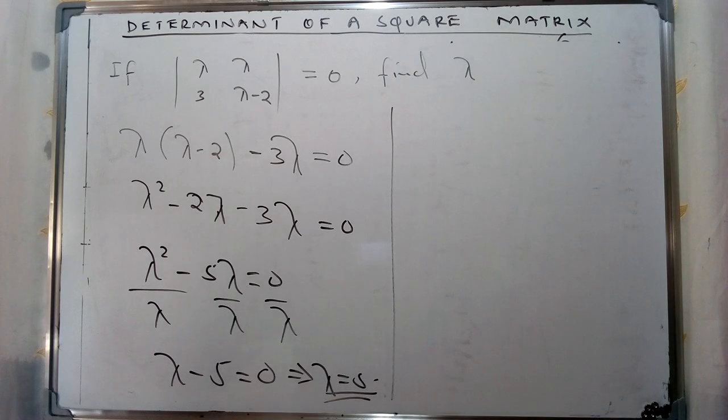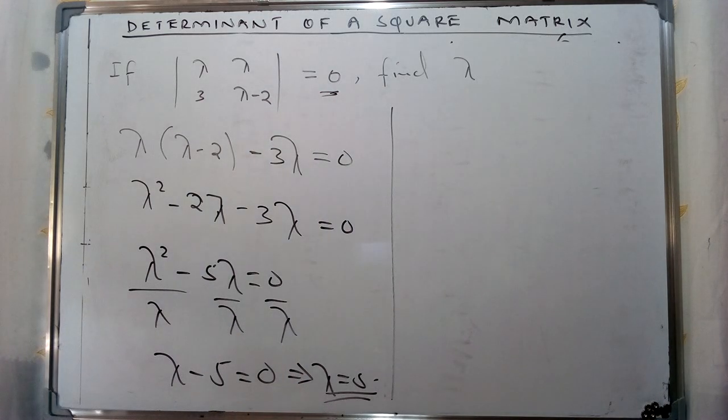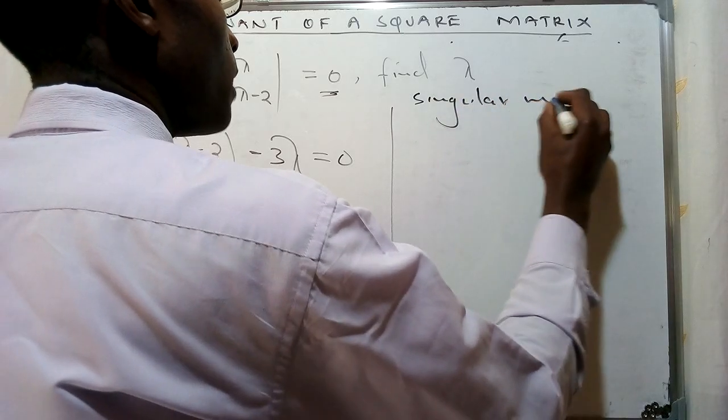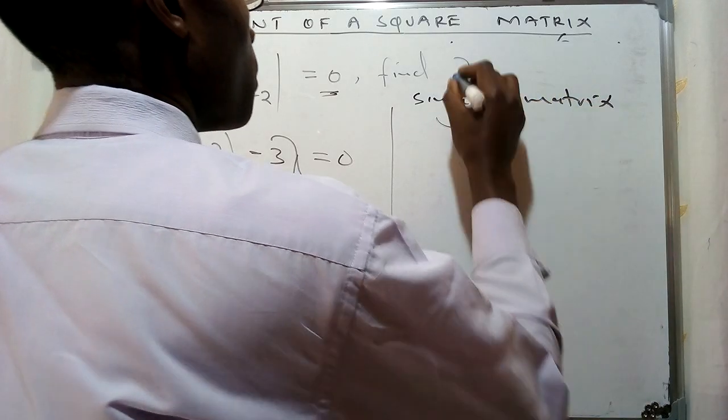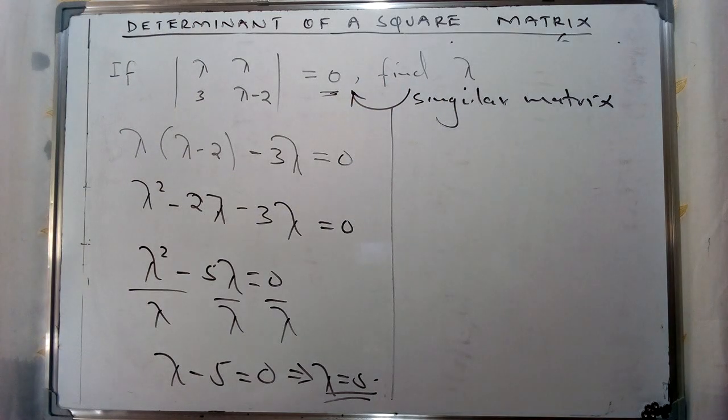Suppose we consider a case whereby we have a matrix whose determinant is 0, just as we have shown above. This is referred to as a singular matrix. So this is a matrix whose determinant is 0, just like the case which we have just evaluated on the board.